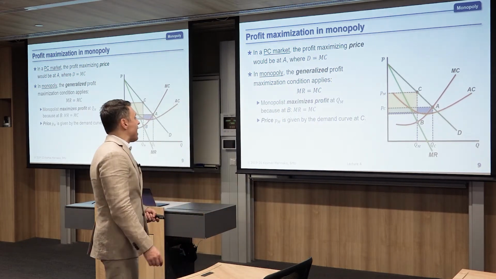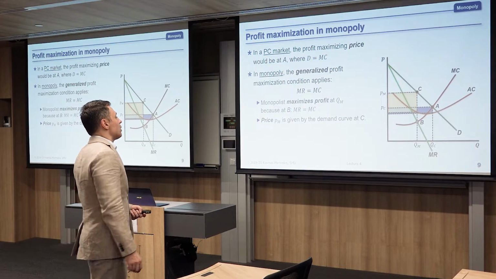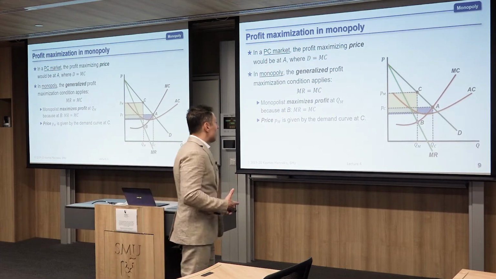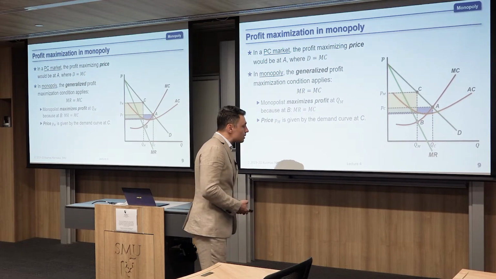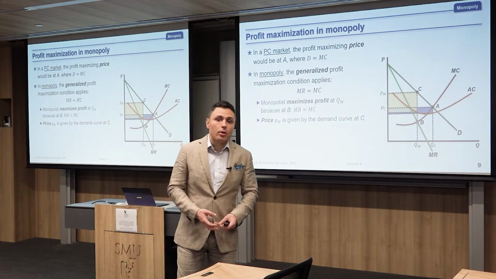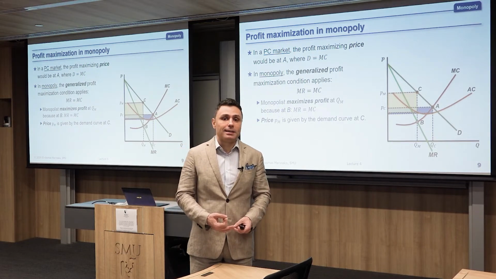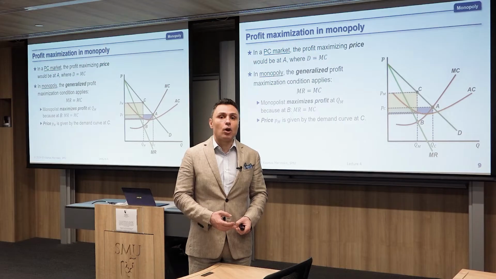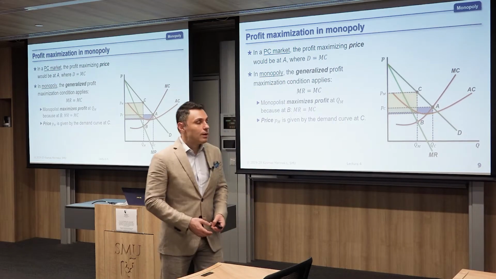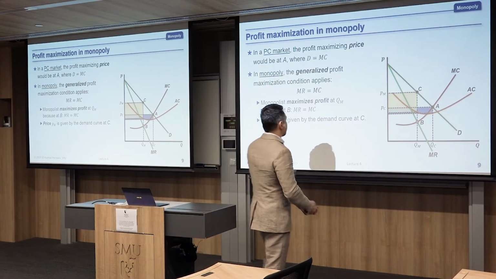Because this graph is carefully drawn and perhaps corresponds to a real case, you can see that obviously you prefer to be a monopolist than a perfectly competitive firm. If it was better to be a perfectly competitive firm, then the monopolist would not set price PM.